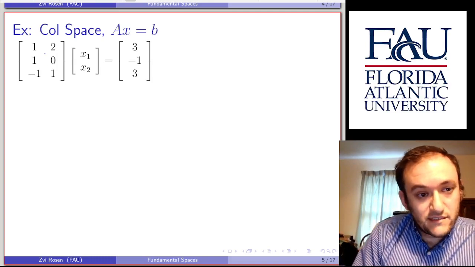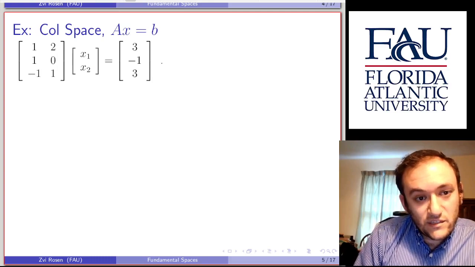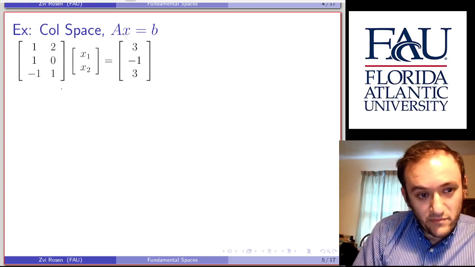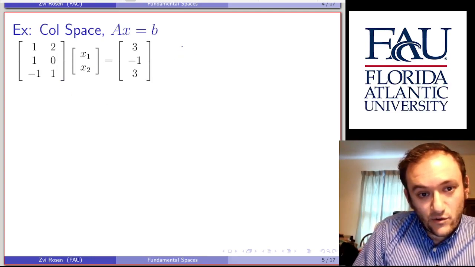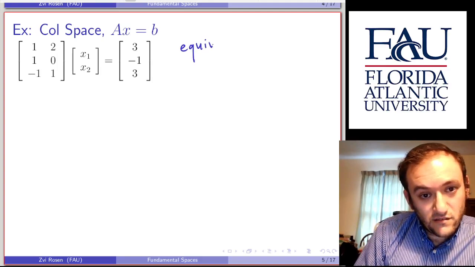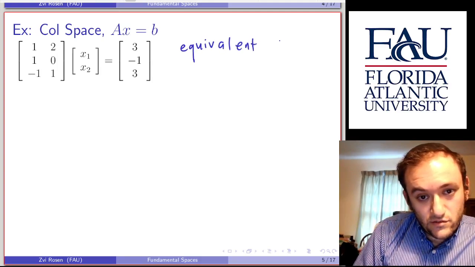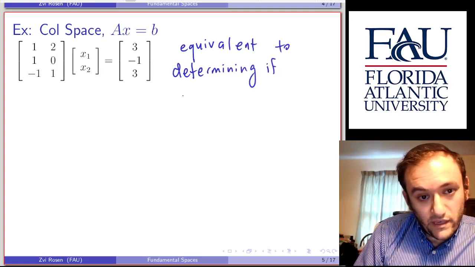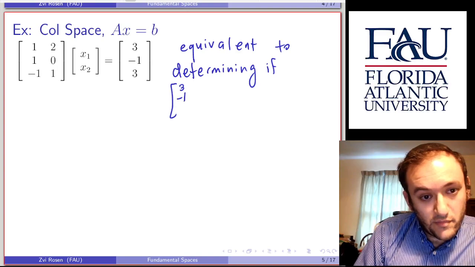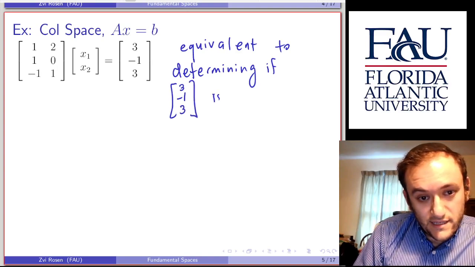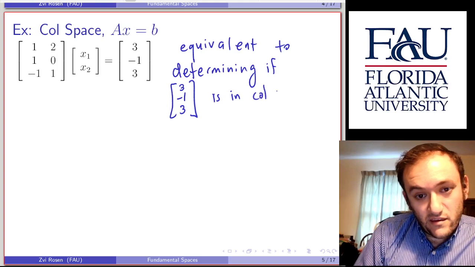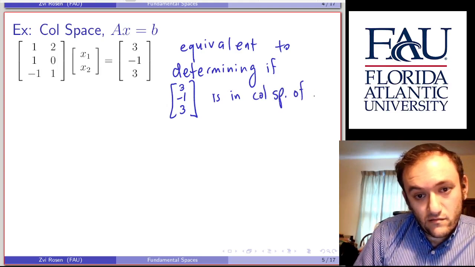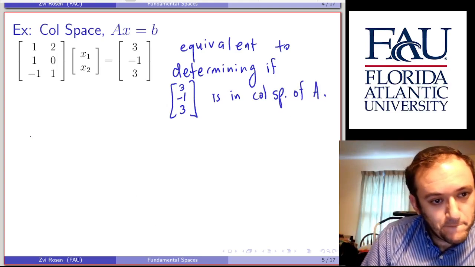So we have this matrix equation AX equals B, and I'm going to claim that this is equivalent to determining if 3, minus 1, 3 is in the column space of A. Okay?